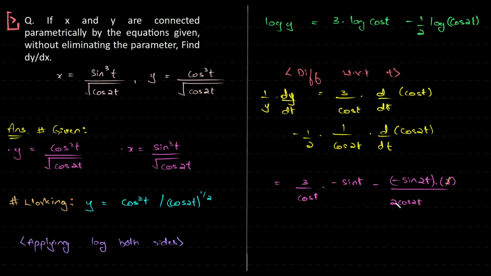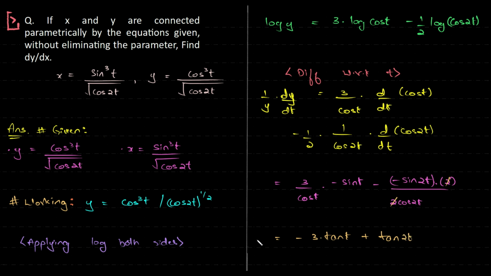Finally the 2 and 2 get cancelled, and negative of negative is positive, and we have minus 3 sin t by cos t, which is tan t, plus sin 2t by cos 2t, which is tan 2t again.